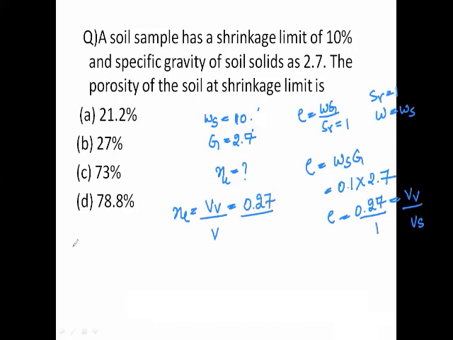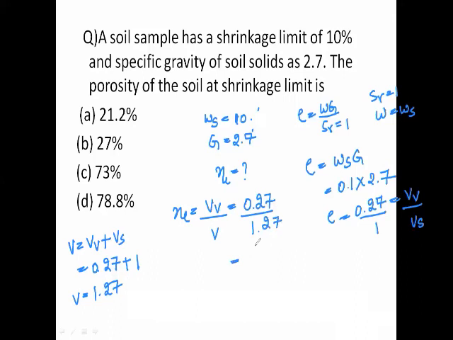What is the total volume? Total volume is always the volume of the void plus the volume of the solids. That is 0.27 plus Vs, and Vs is 1. Therefore it will become 1.27. This is the total volume, so you will directly get the porosity.